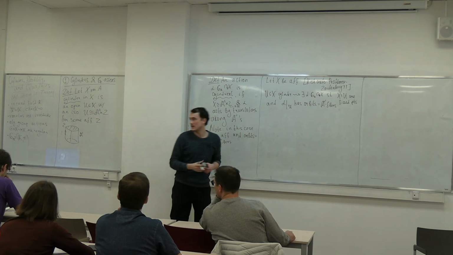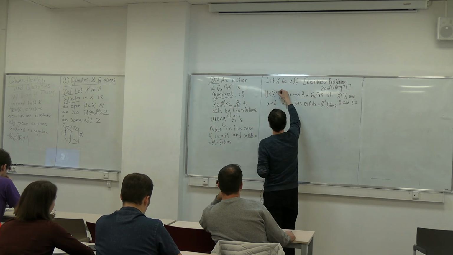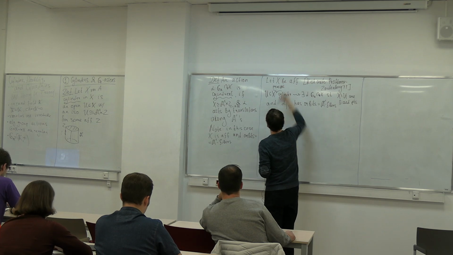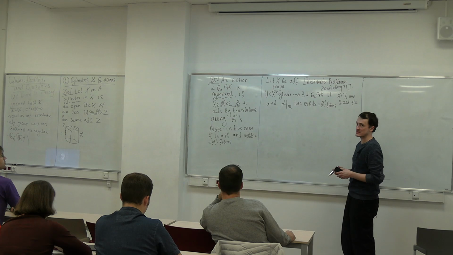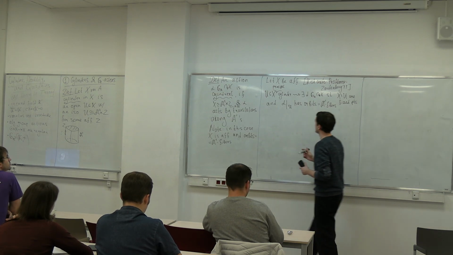Yes, thank you, that's important. A principal cylinder. What I mean by principal, that's an open subset, so a principal open subset is the non-zero locus of some regular function, right?